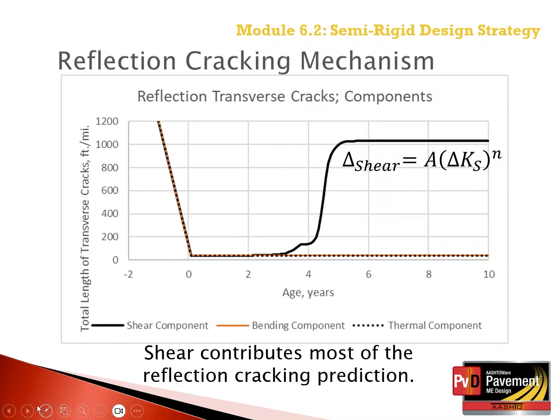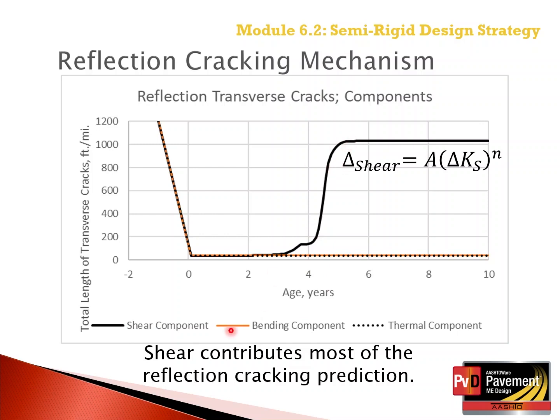Similarly, this graph shows the total increase in total length of transverse cracks that we can see at the surface as a function of age. And this would be transverse cracks from shrinkage cracks in the chemically stabilized layer. And again, we can see that the shear mode, the increase in the stress intensity factors related to the shear component, is much more important.